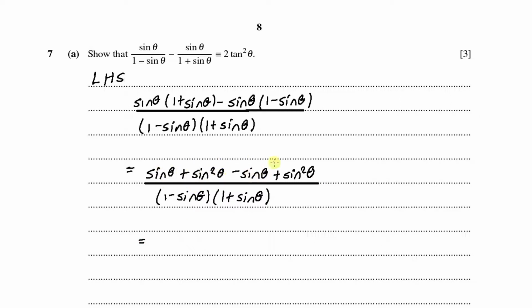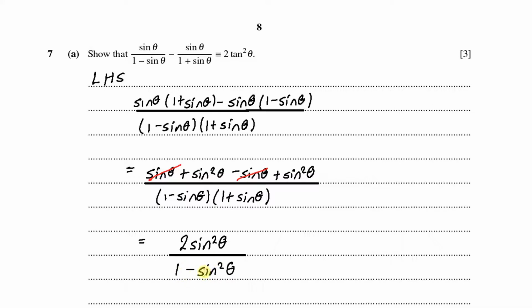I'm going to simplify the numerator. So sine theta minus sine theta, these two will give us 0. So we're now left with sine squared theta plus sine squared theta, giving us 2 sine squared theta. And here 1 minus sine theta and 1 plus sine theta comes out from a difference of 2 squares, which is 1 squared minus sine squared theta. So this is what we now have.